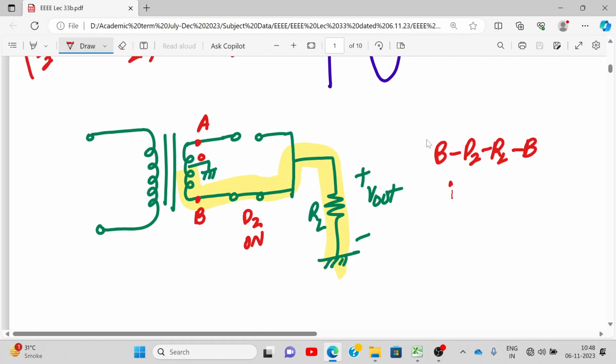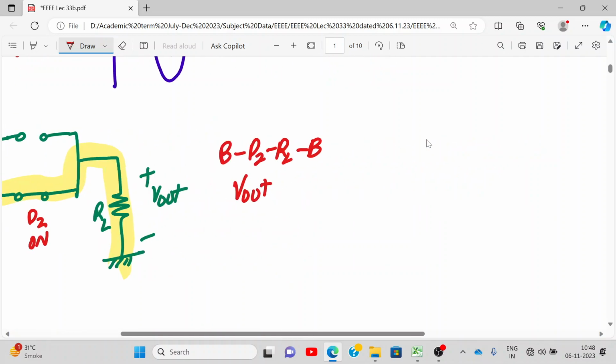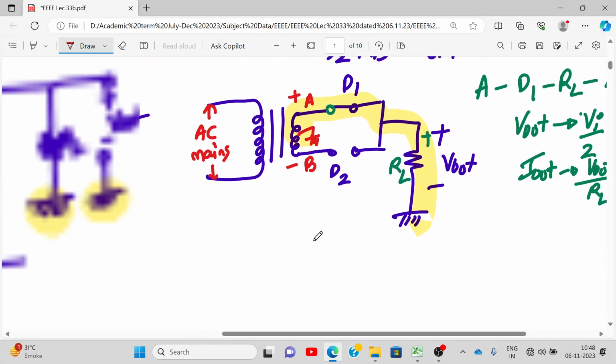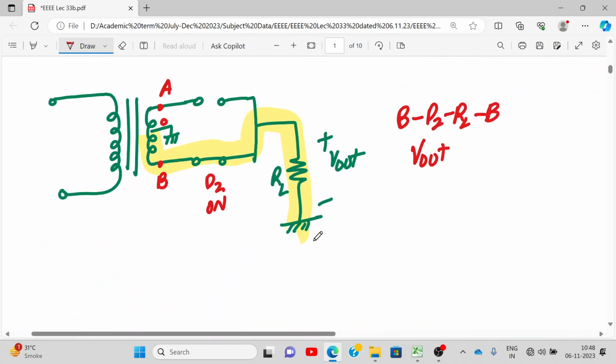So again, listen carefully, everyone, very important thing. The flow of current will be from positive to negative, right? Even if the input is negative, my output will be positive. You didn't get it? See, in the first case I out was flowing from positive to negative. Yes or no? In second case also I out is flowing from positive to negative.